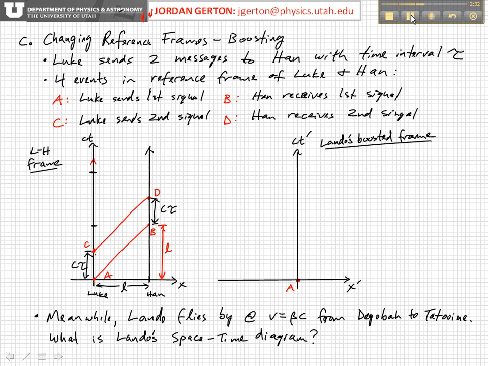Okay, so now in Lando's boosted frame, in Lando's reference frame, he sees Luke moving backwards with respect to him. And so Luke's world line in his reference frame has a negative slope, and the slope is equal to -1 over beta.